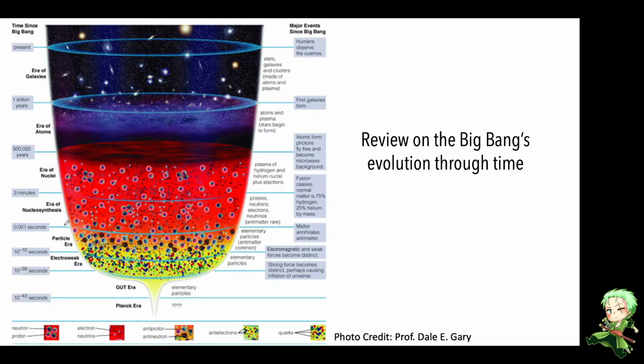Okay, so we see here in this illustration, as we have discussed in our class, that particularly we are concerned on the era of nucleosynthesis, which roughly happens 30 minutes after the bang or so is our current knowledge on this one. And then after that arises the era of nuclei.